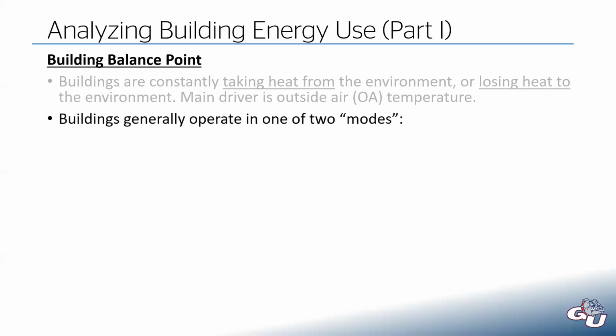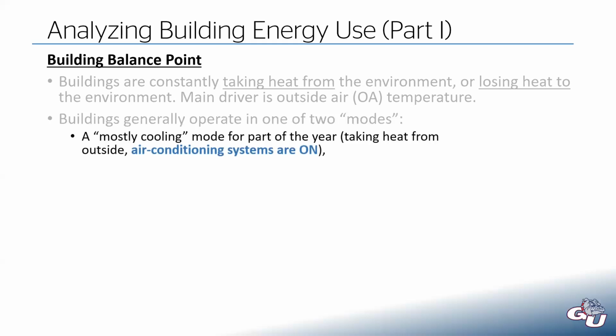Buildings operate generally in one of two modes. This is simplifying it a little bit, but for the purposes of this discussion and how we calculate these, this is how it's thought of. So the two modes: mode one, we are in a mostly cooling mode for part of the year, where we're taking heat from the outside.